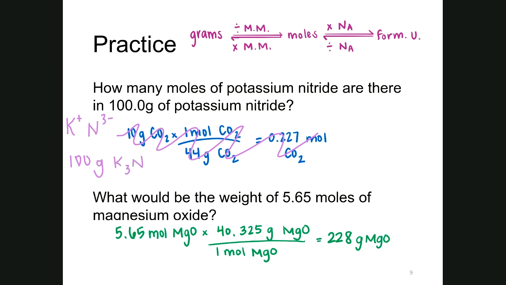So we need to find the molar mass. So K on the periodic table is 39.098 times 3 plus our nitrogen is 14. So I get a molar mass of 131.33 grams per 1 mole of K3N.